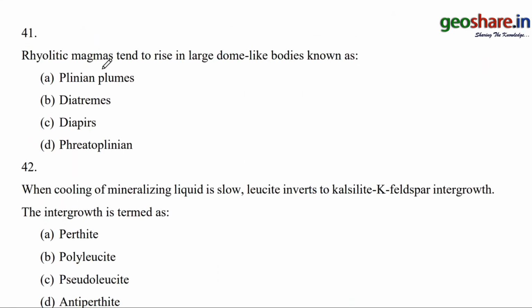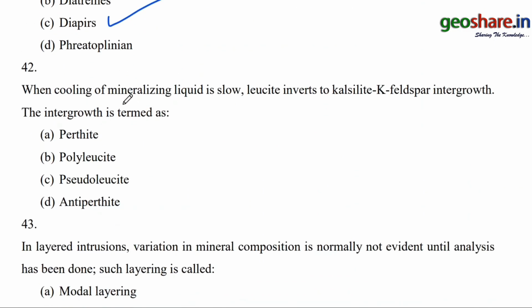41. Rhyolite magma tends to rise in large dome-like bodies known as diapirs. When cooling and crystallization of liquid is slow, leucite inverts into calcium silicate and alkali feldspar intergrowth.